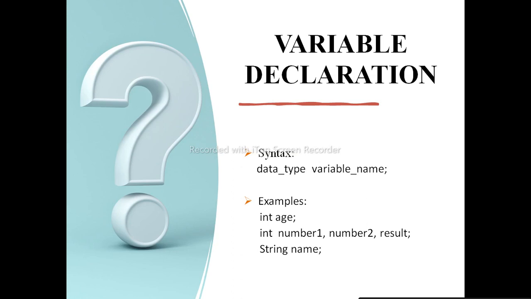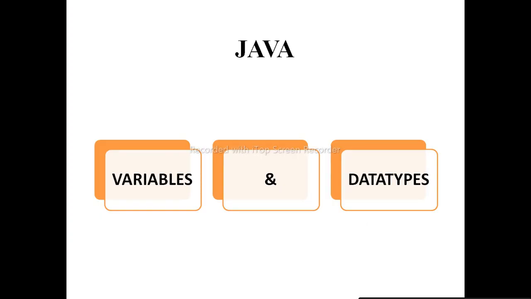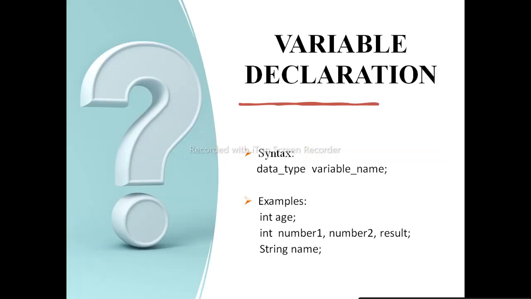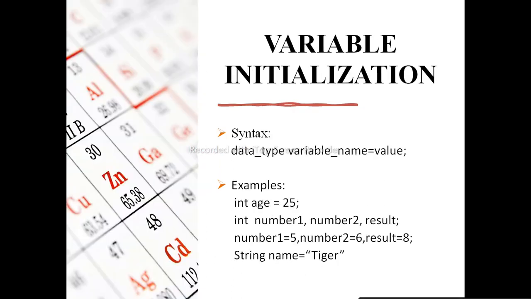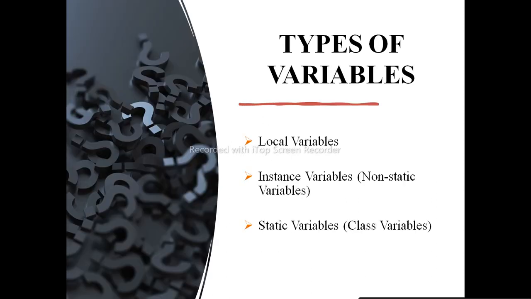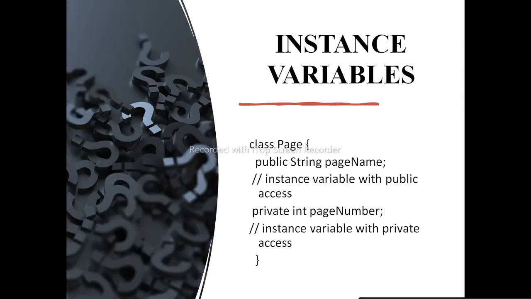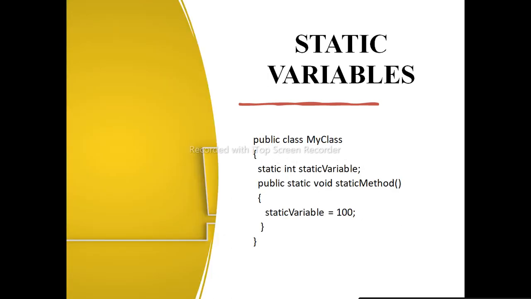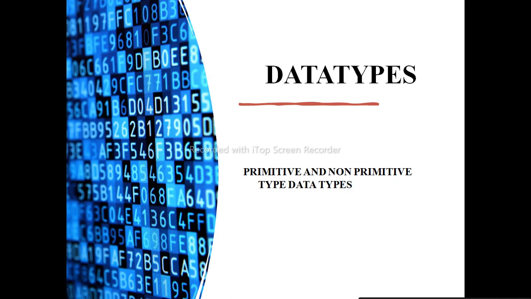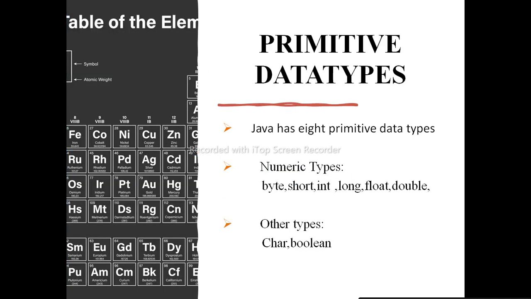Let me glance you once more. Variables and data types. Variable declaration comes first. For everything we will provide you notes. Variable initialization, types of variables: local variables, instance variables, and static variables, class level variables, primitive and non-primitive data types.